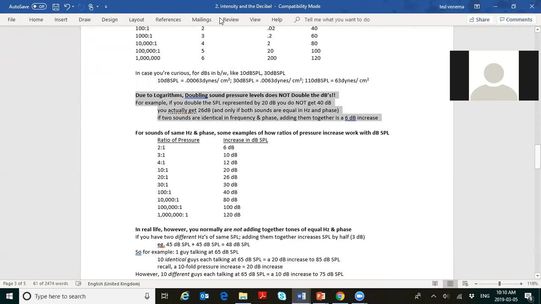So, for example, you have a 1,000 hertz tone of 20 dB SPL. And you have another 1,000 hertz tone of 20 dB SPL. Put them together, you got 26. Okay?